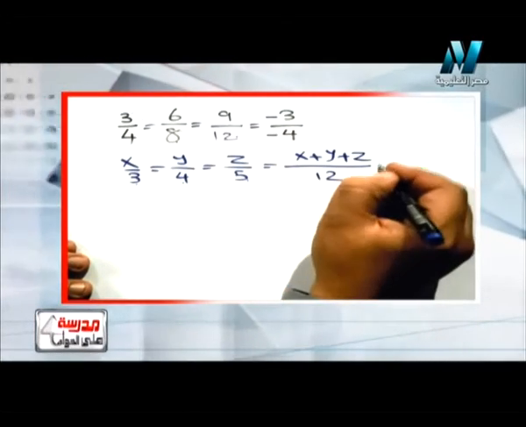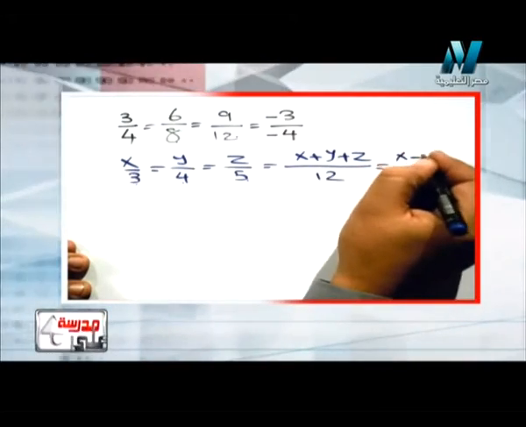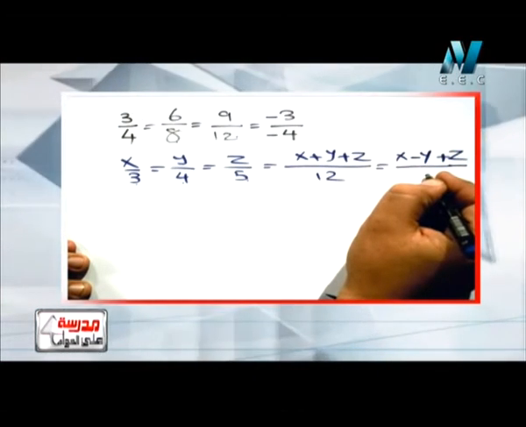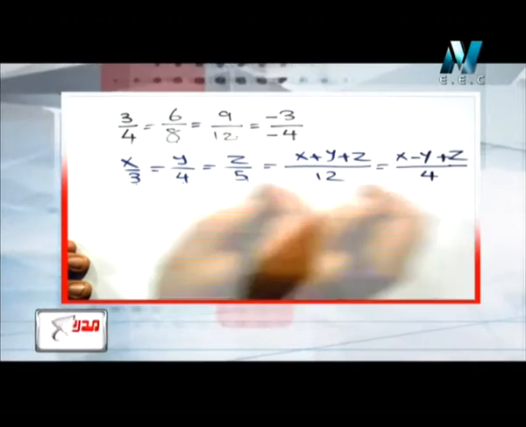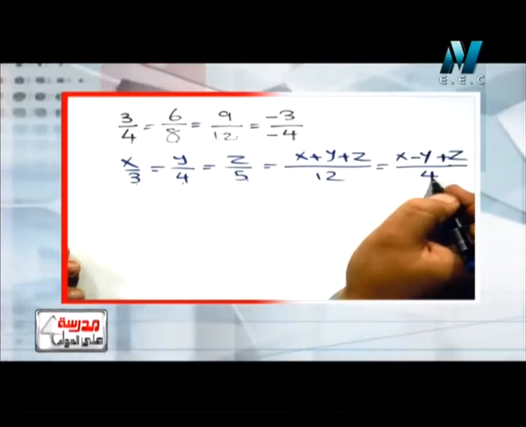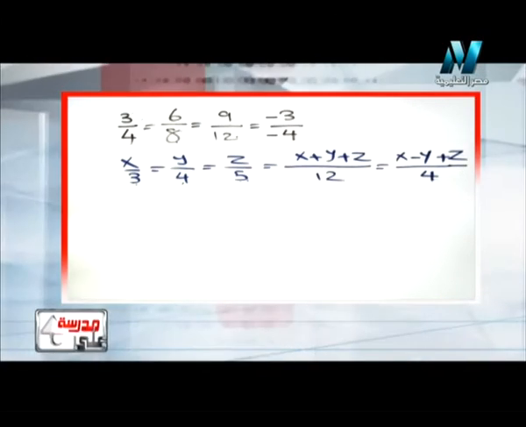And it will be the same as, for example, x minus y plus z, and down in the denominator I'm going to write 4, as 3 minus 4 is -1, plus 5, this is 4.